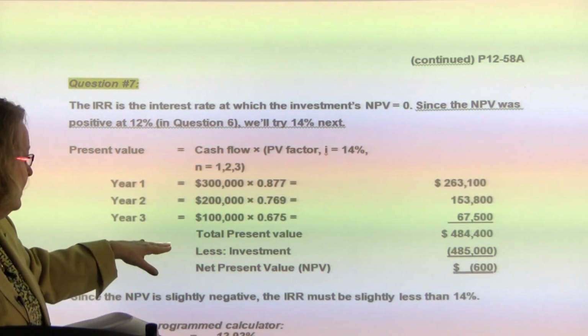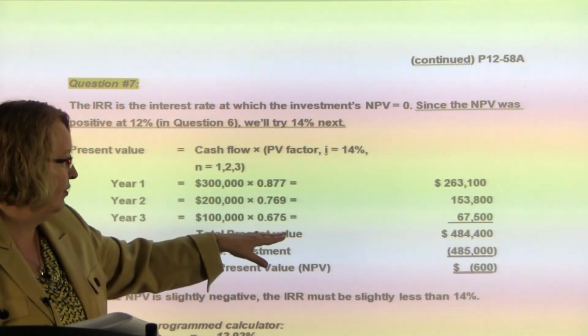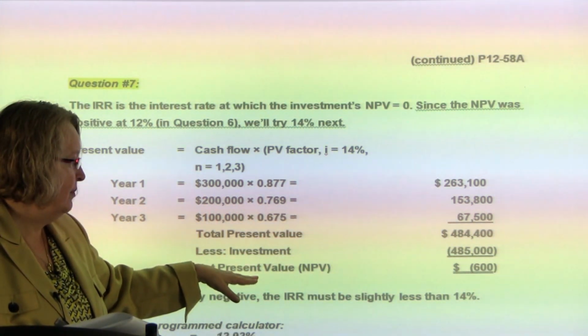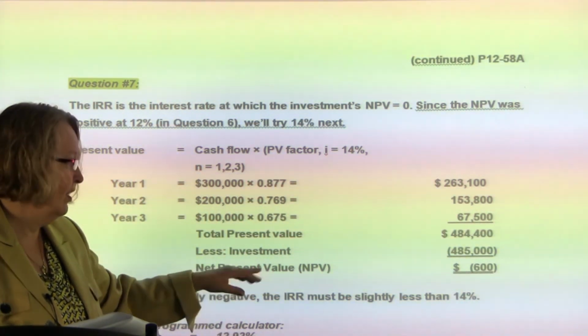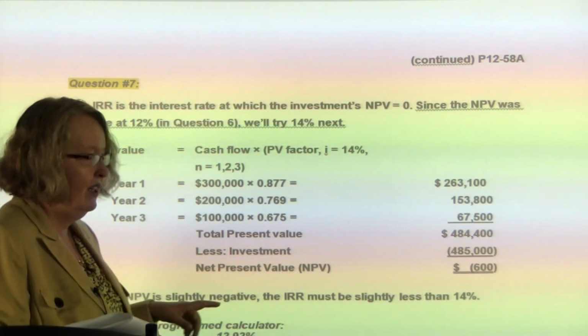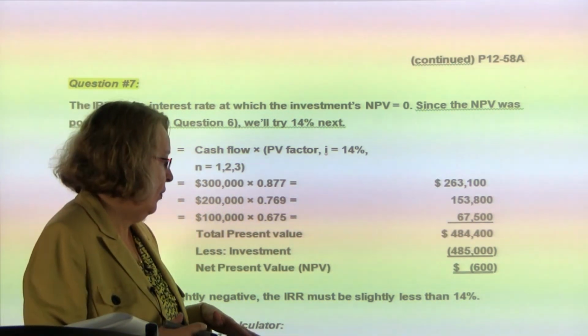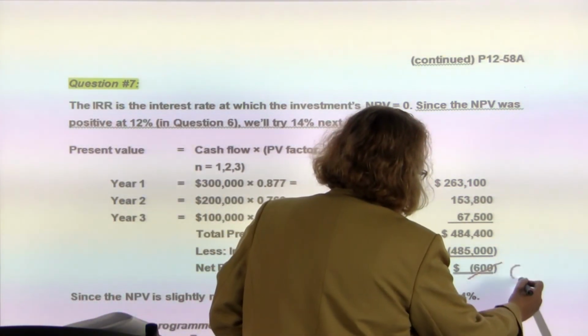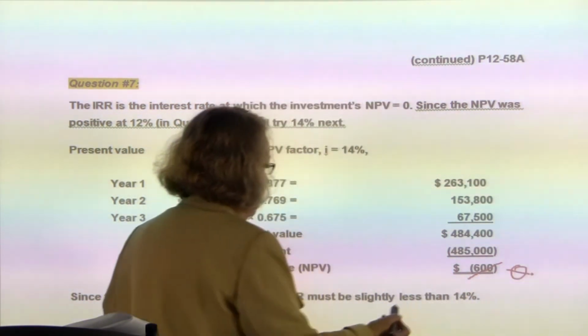The total present value is 484 less your investment, so it comes out to be a negative NPV of 600. What you're trying to do is find out at what interest rate this 600 will be 0 rather than 600. That's your internal rate of return.